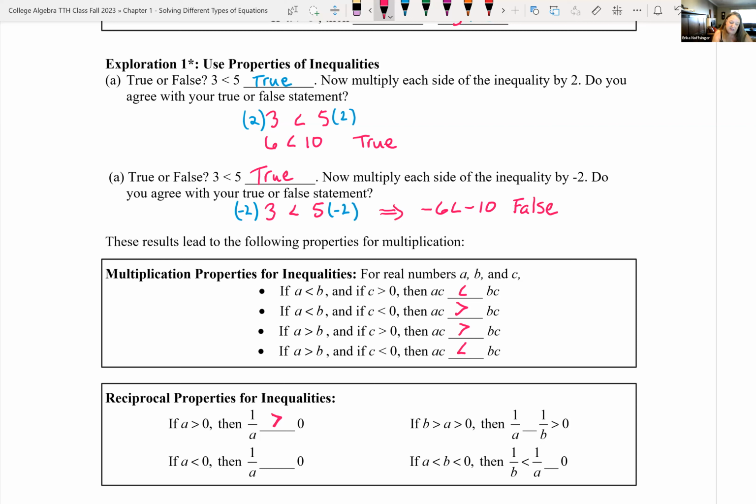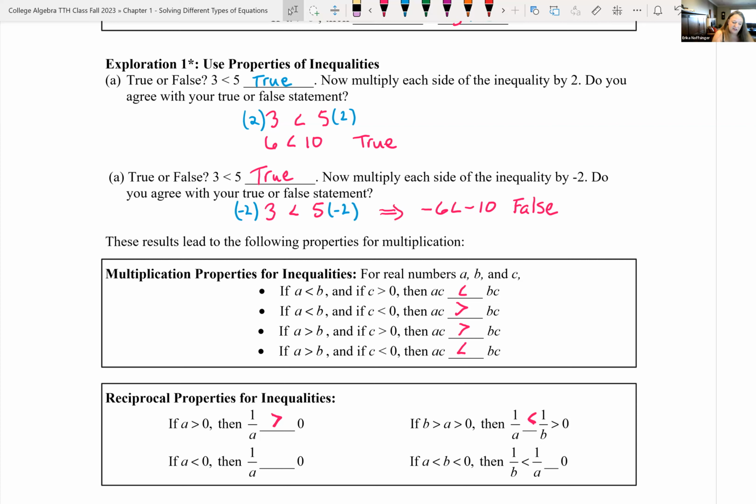So if B is greater than A, which is greater than 0, then 1 over A is actually going to be smaller than 1 over B, but they're still both going to be bigger than 0.